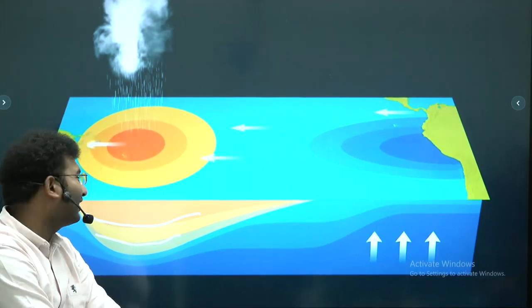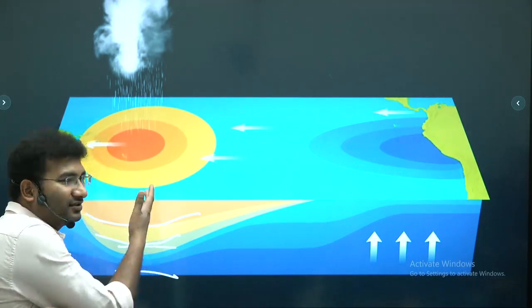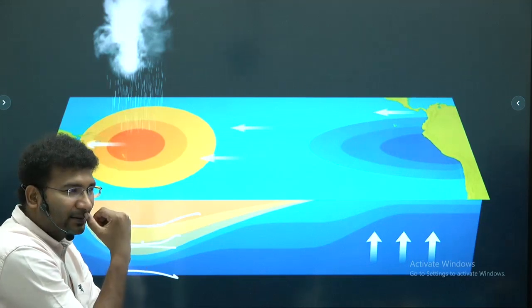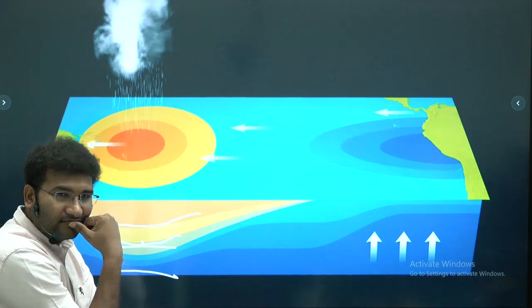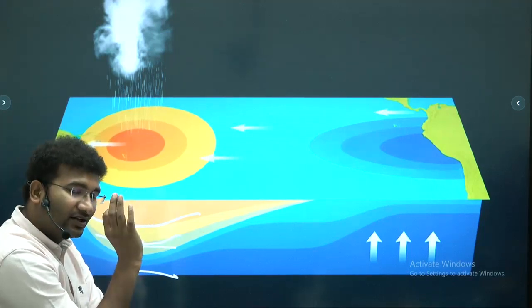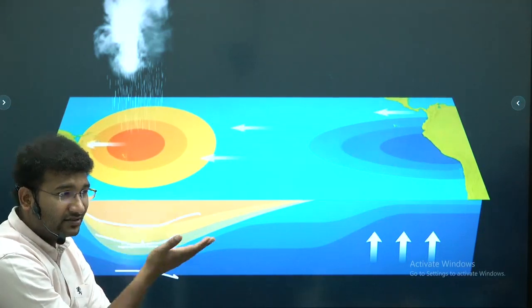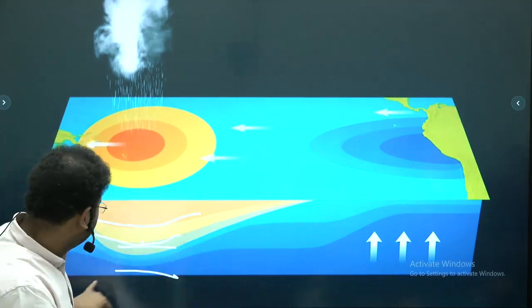During the times of La Nina, the thermocline will get little lower because it will become more warmer, right? Okay. During the times of El Nino, where do you have lower thermocline? East. Yes, next to South America, right?